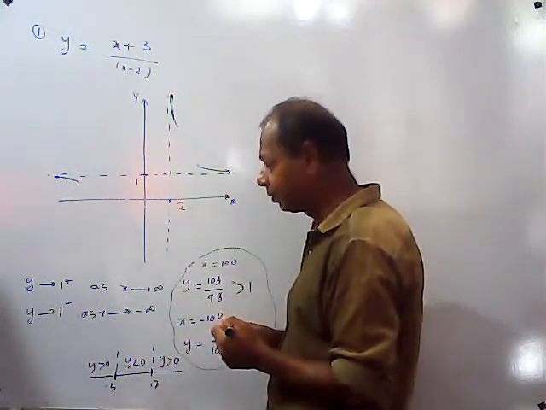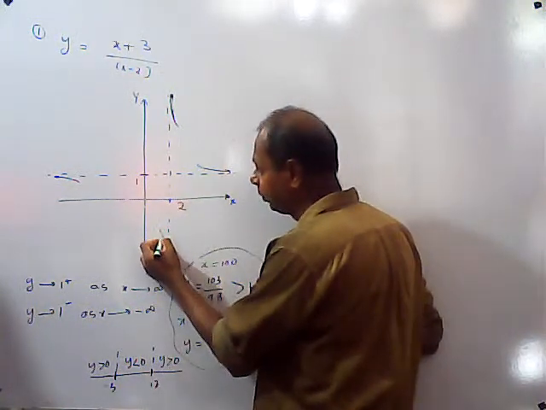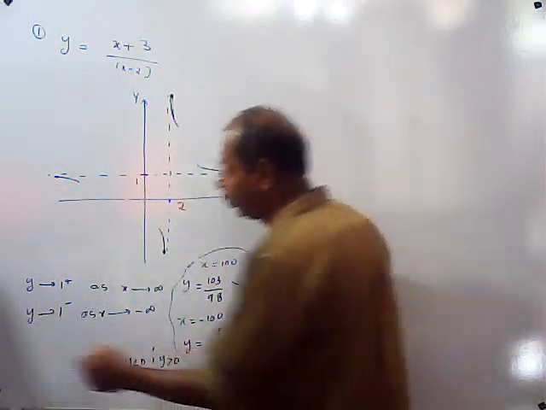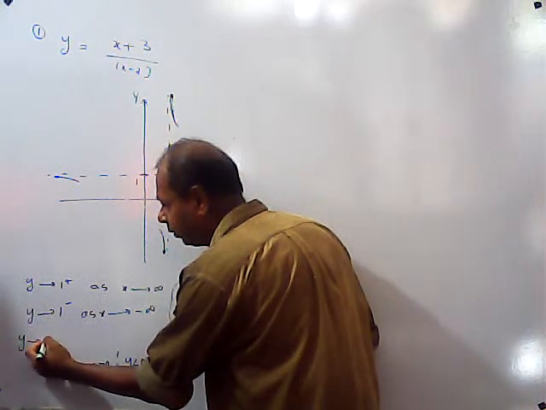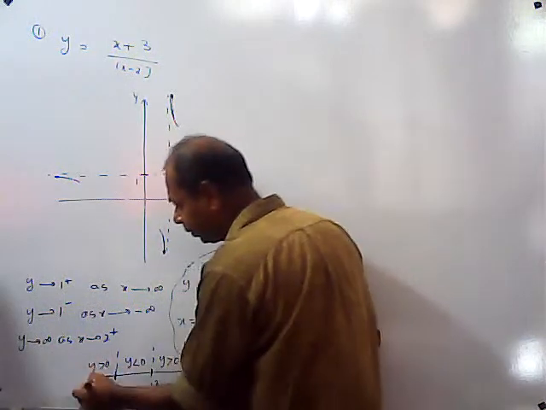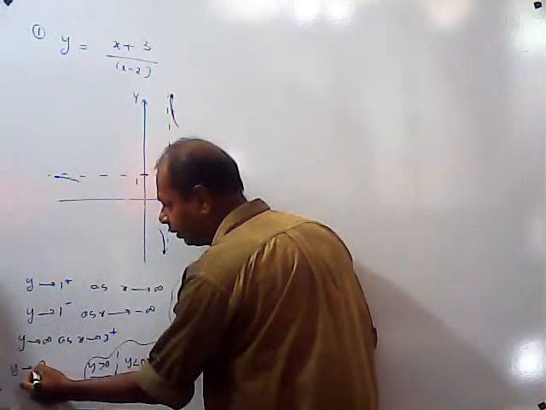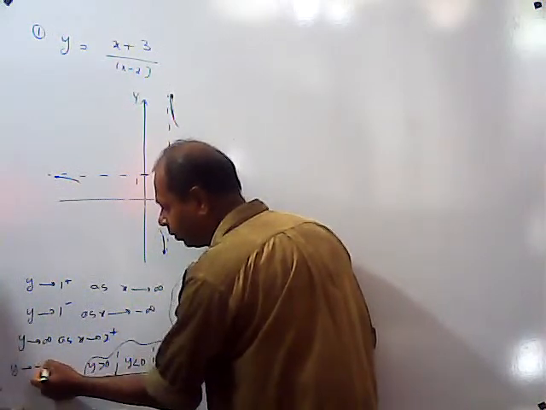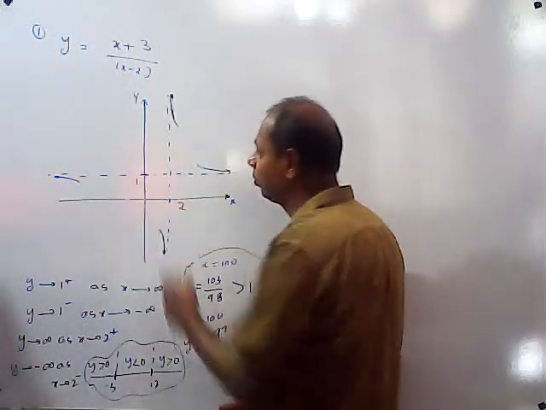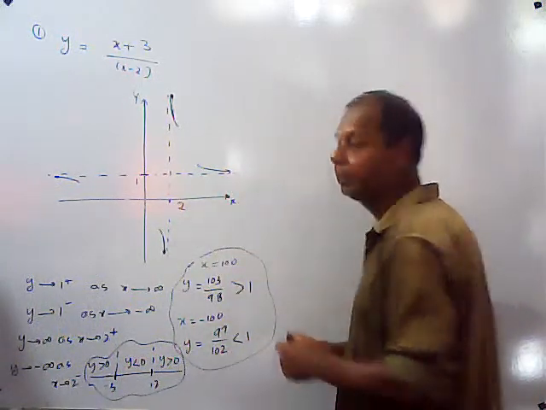Left up to it is negative, so it will go to negative infinity. So y will go to positive infinity as x goes to 2 from the right side, and y will go to negative infinity as x goes to 2 from the negative side. Okay, so that's the answer.